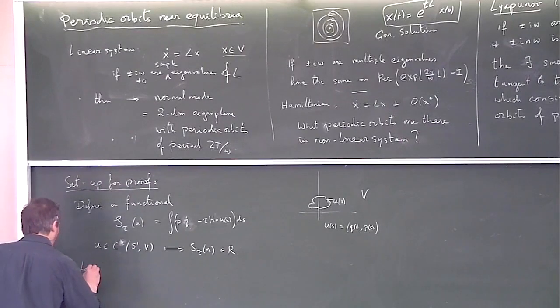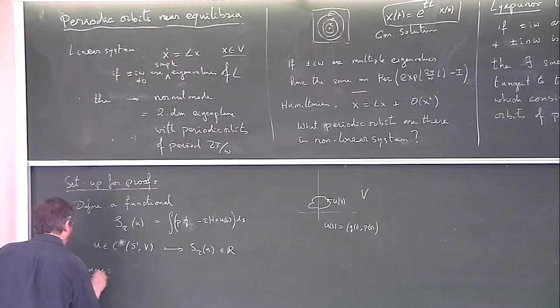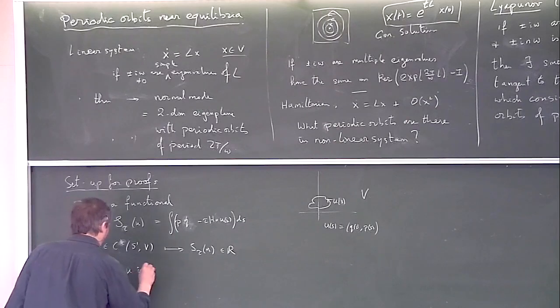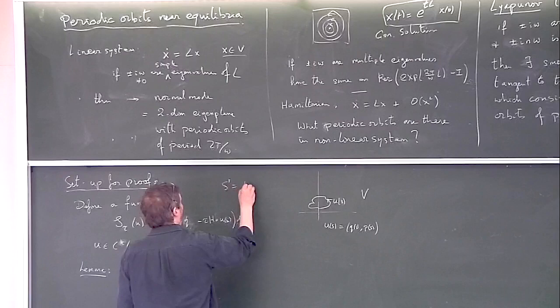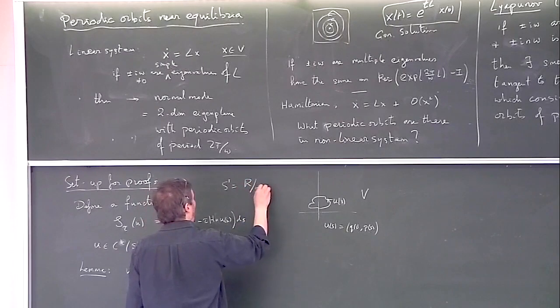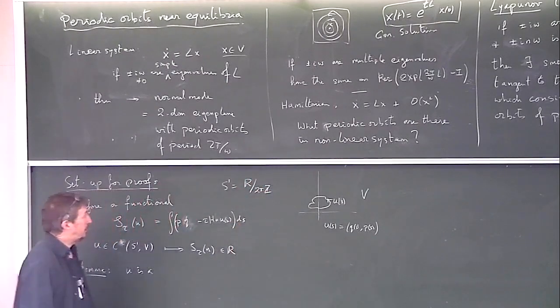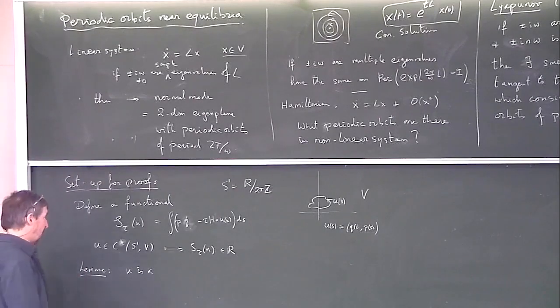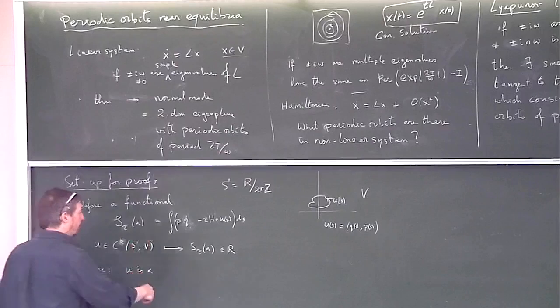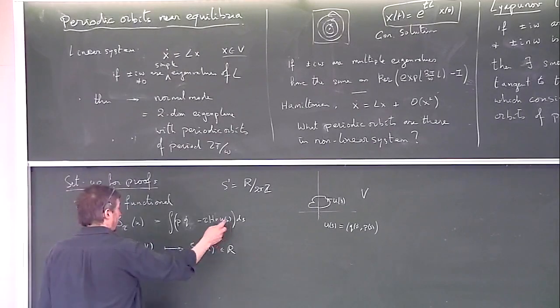And the lemma: S1 is the reals modulo 2 pi, just like the unit circle. So think of s as the angle, little s here.